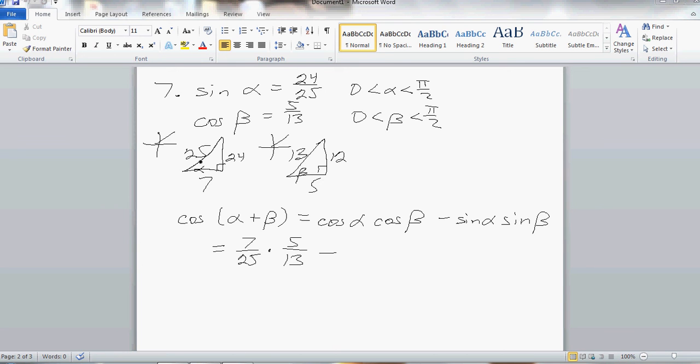Minus the sine of alpha. Sine of alpha is 24/25. And the sine of beta would be 12/13. Just doing some arithmetic from this point forward, 25 times 13 is 325. And 7 times 5 is 35.